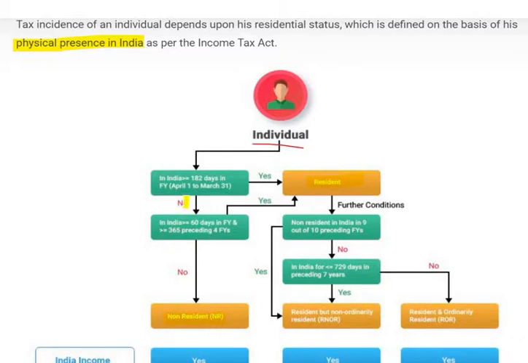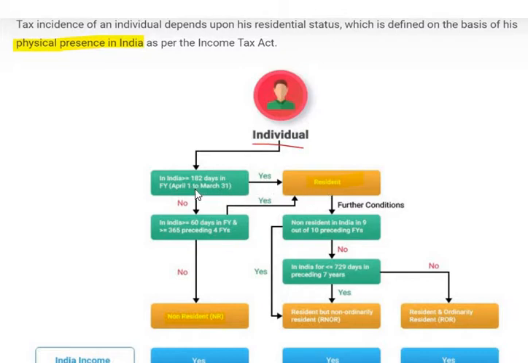First, coming to the first condition, if a person is in India for more than 182 days in a financial year, that is starting with 1st of April to 31st of March, then he would be definitely considered as resident in India.